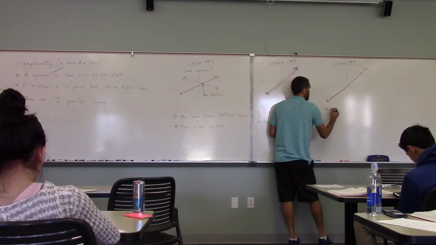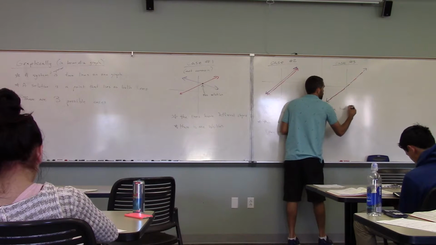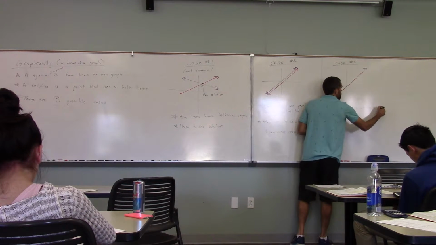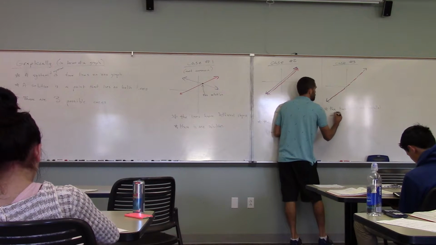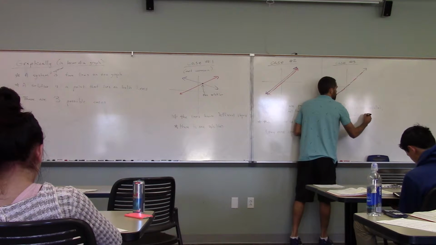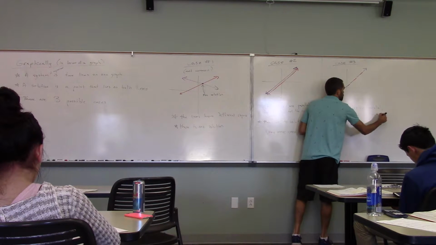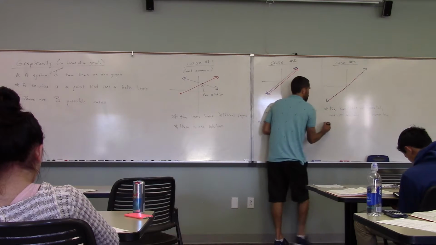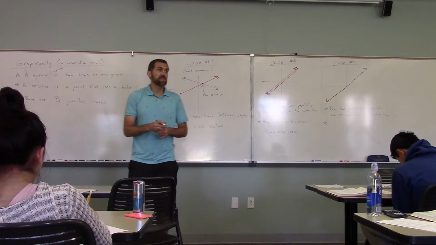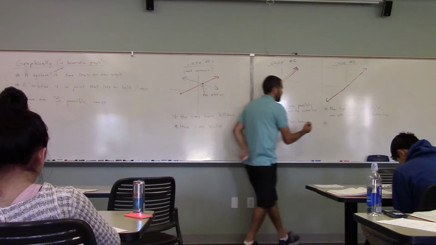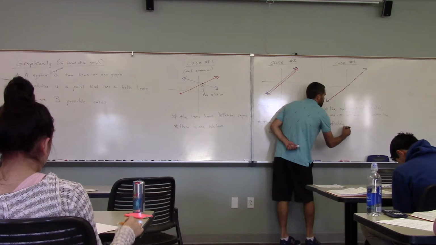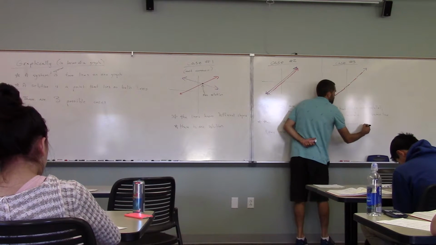So this time the two lines are parallel and are actually the same line. So how many solutions are there to this? Yeah, many, many, many. Infinitely many. So infinitely many solutions.